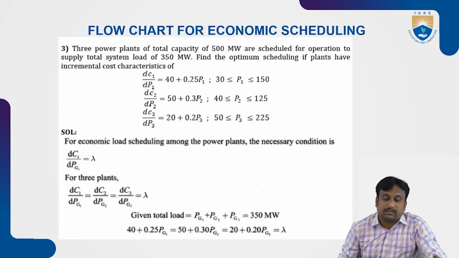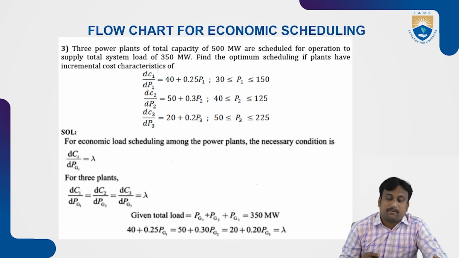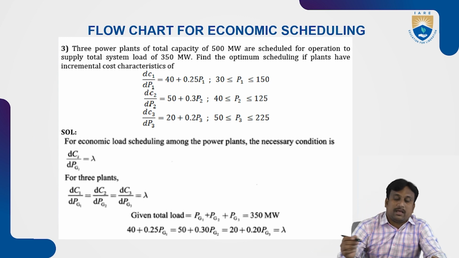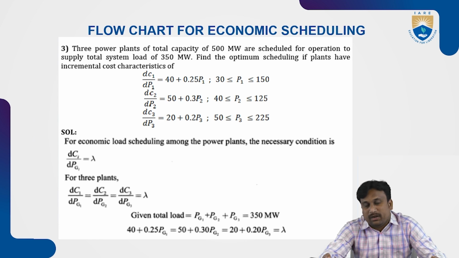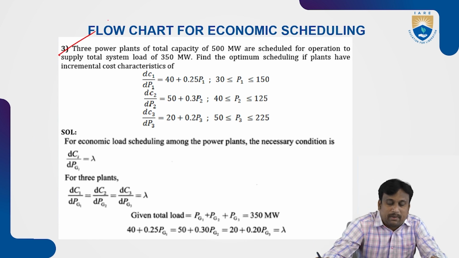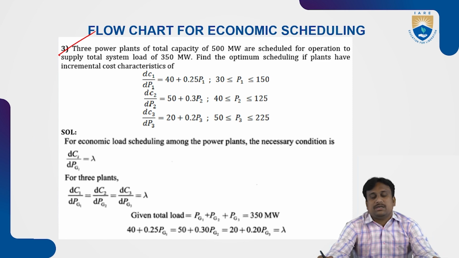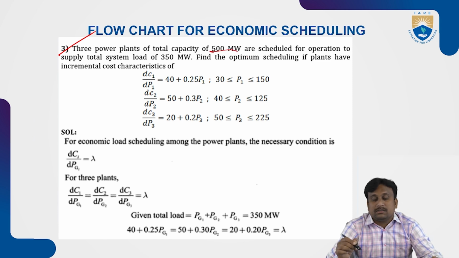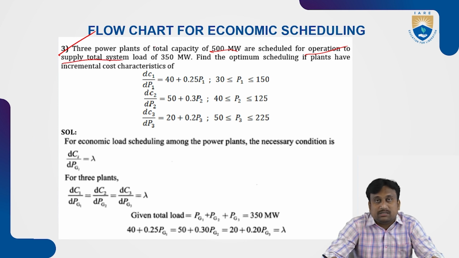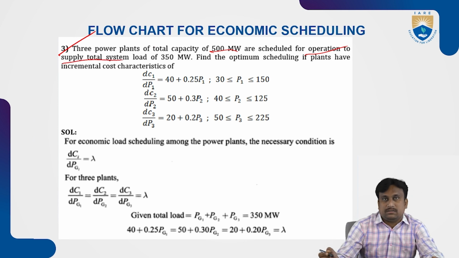There is a simple problem given while making the economic scheduling process optimal, that shows a better application of this condition. That is, 3 power plants of capacity 500 megawatts each are scheduled for operating to supply a total system load of 350 megawatts.